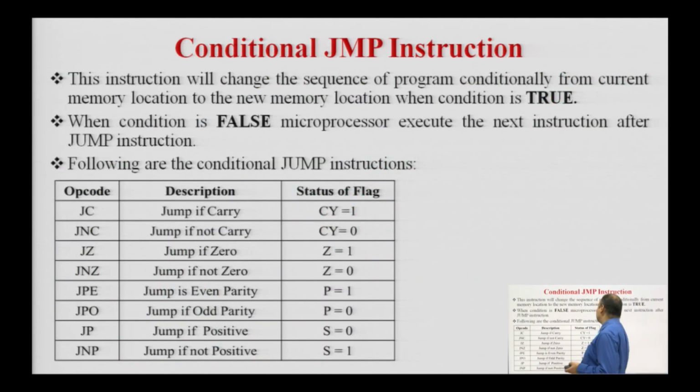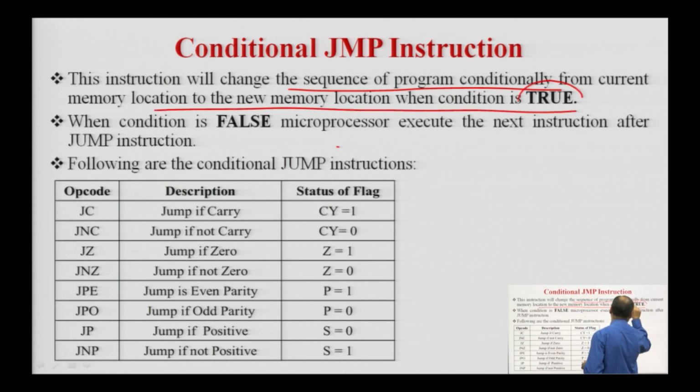Now next is the conditional jump instruction. This instruction will change the sequence of the program conditionally from the current memory location to a new memory location when the condition is true or satisfied.